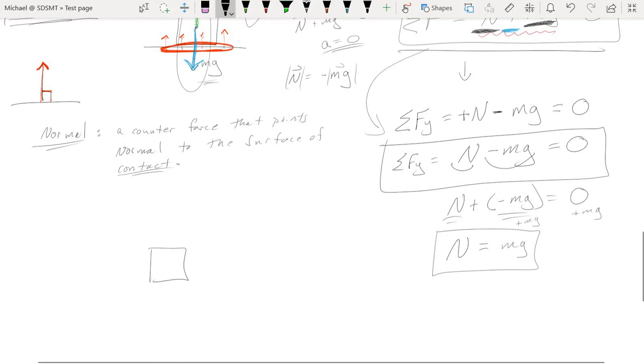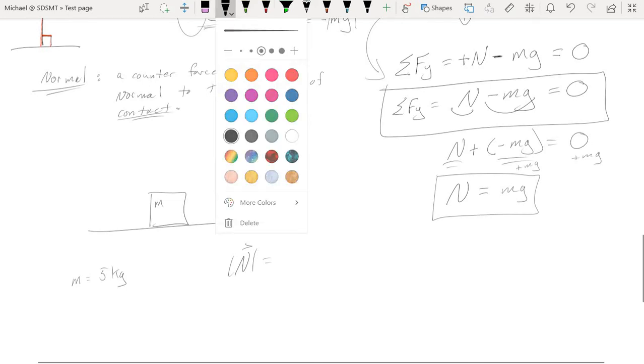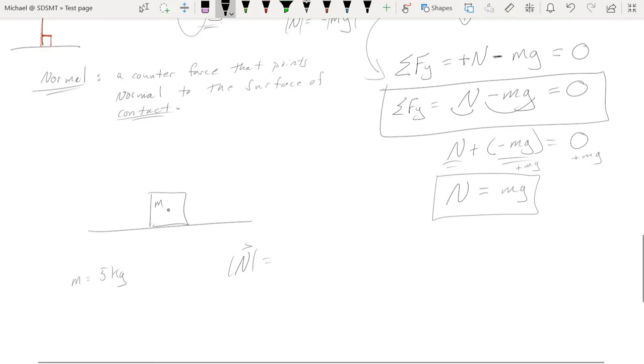And so now we can say, if we have a box of mass 5 kilograms sitting on a tabletop, what's the magnitude of the normal force? So from there, we can draw in the forces that are acting on our mass.